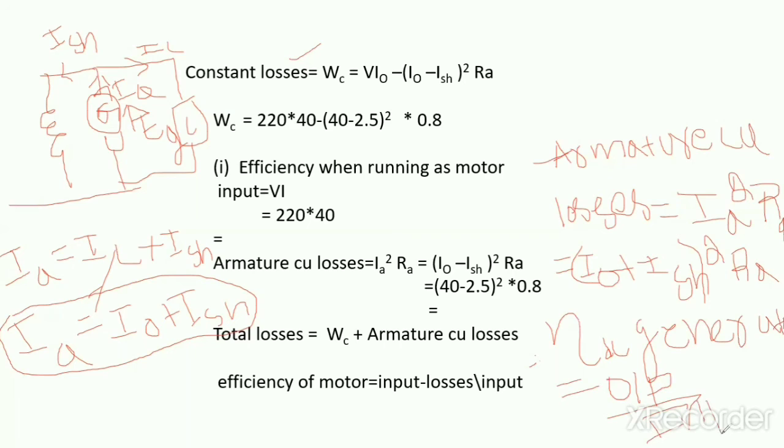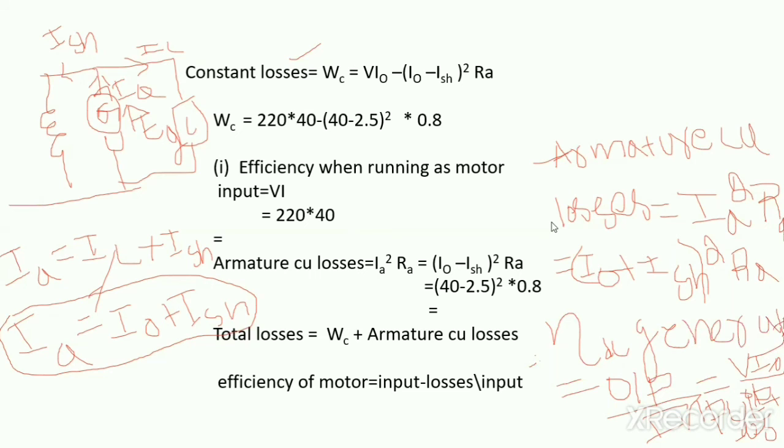In the case of a DC generator, the output is electrical power, so output is equal to V into I naught, and input is equal to output plus losses. This is the formula for determining the efficiency as a motor and as a generator.